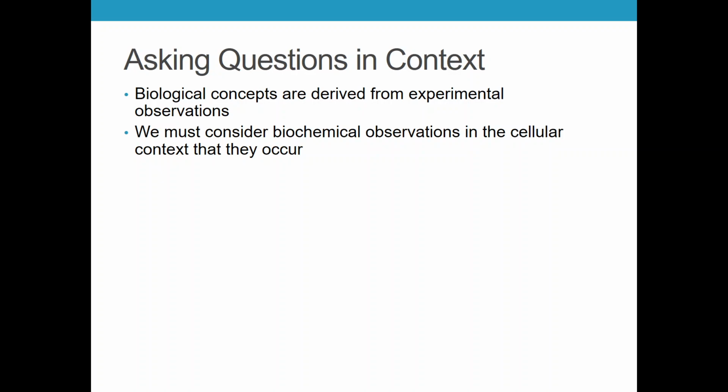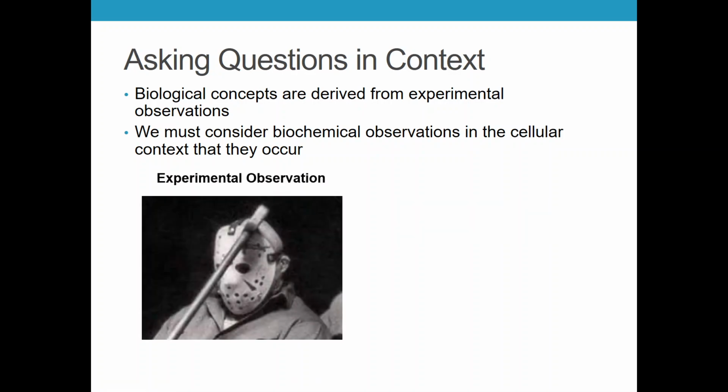Now, just to give you an example, or a point of reference, as to why context is important, this is a dated example, but one that I hope still works just a little bit.